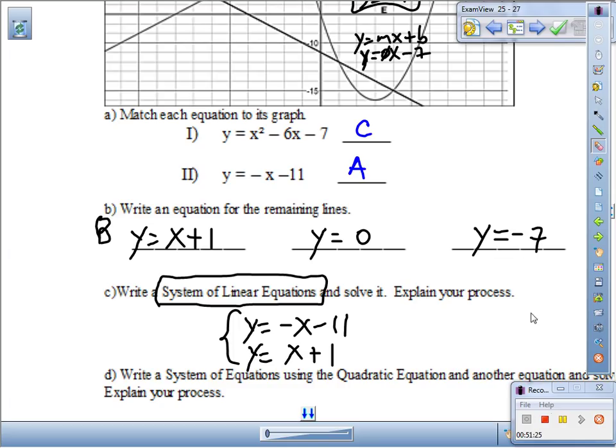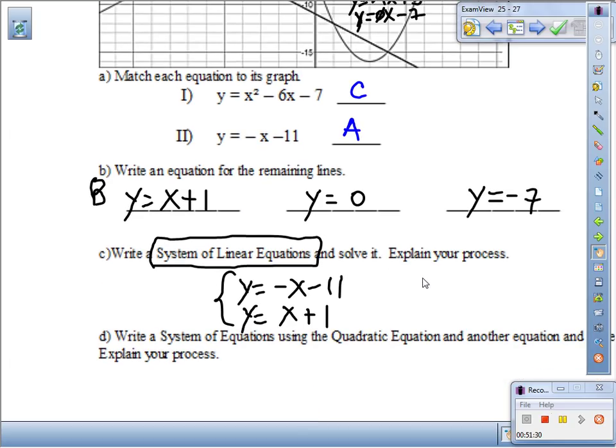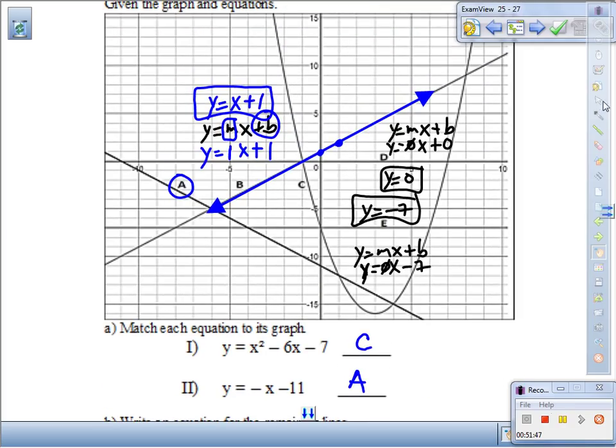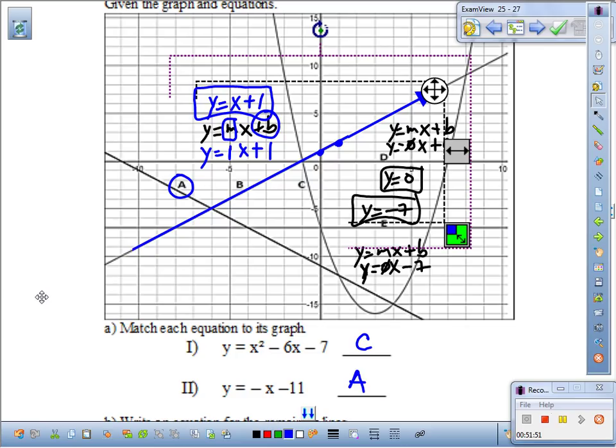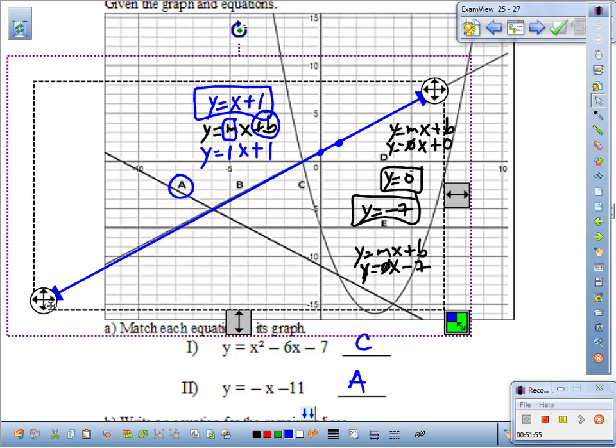Mel, which process? Elimination, okay. Who said elimination? Who said substitution? I'm going to say graphing. I said graphing. Oh, we both said graphing, okay. So I'm going to look at my 2 lines over here and just use a graph to solve it. You're like, what do you mean, Mr. Q?